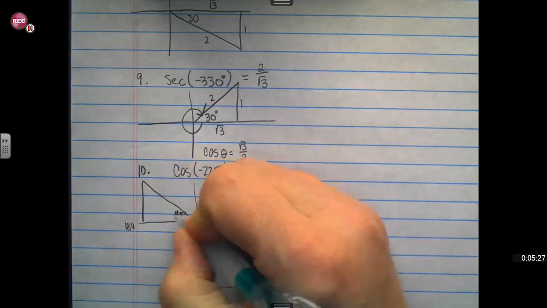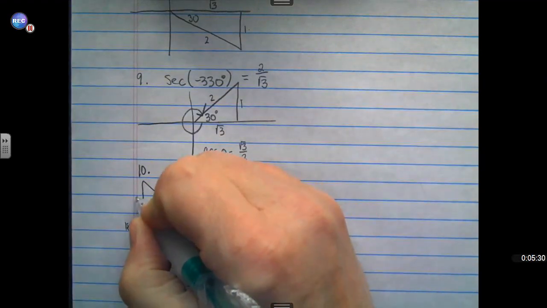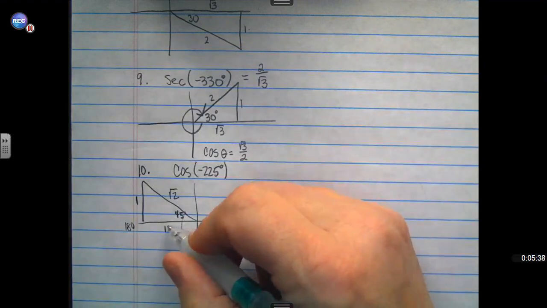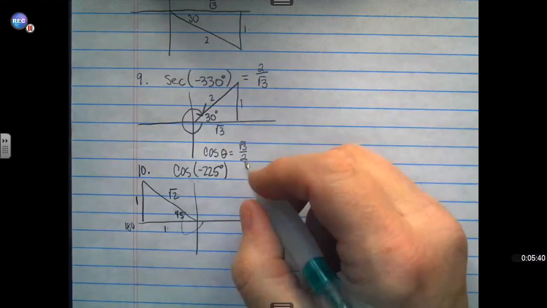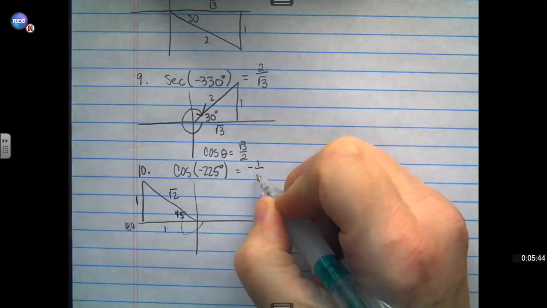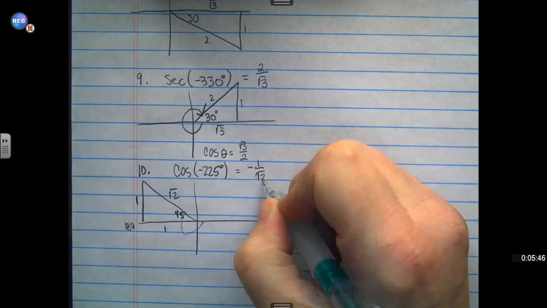And so we put in the dimensions. This would be 1, 1, square root 2. And we want the cosine. So that's x over r and negative in the second quadrant. So negative 1 over the square root of 2.